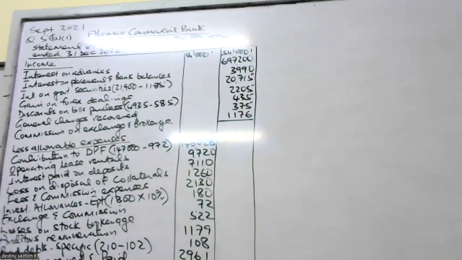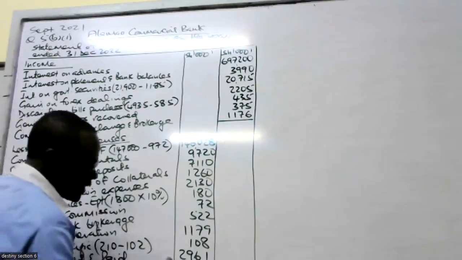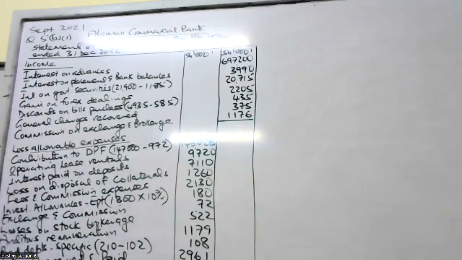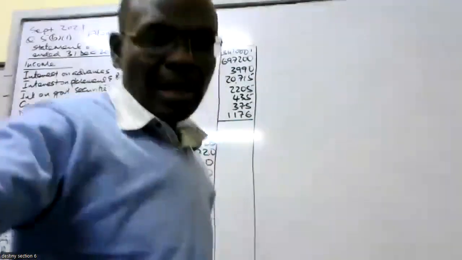Bills for collection, acceptances, and endorsements. Rebates, provision for taxation is not allowable. General charges recovered, commission on exchange and brokerage. And I think we are done. There's no other cost. So we add the total income, the total allowable expenses, and we are done.